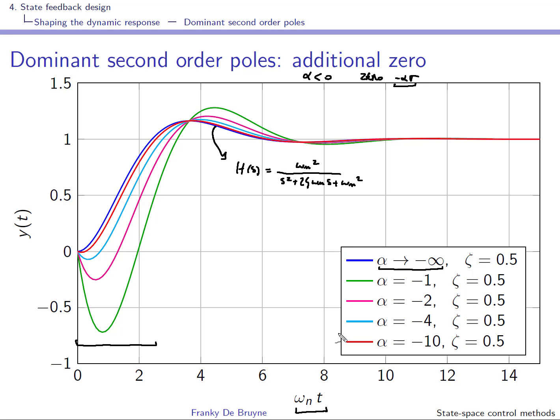So when alpha is still negative but its modulus is decreasing, you see that the influence of the 0 is felt more and more, and here you see this in these inverse responses. The situation in green comes from the following case. So here you have the complex plane that is drawn, the real part of S, and here the imaginary part of S. We'll assume as before that the poles, the complex poles, are located over here.